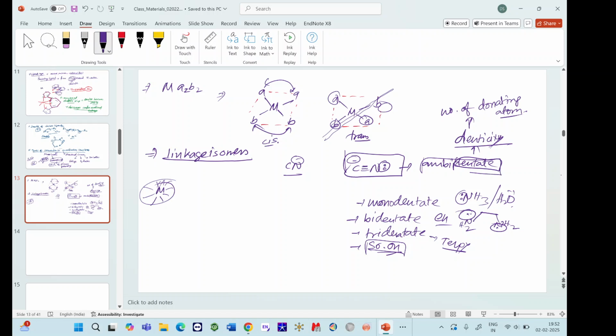And ambidentate is where you can bind this ligand through any of the atoms. So carbon can also bind, nitrogen can also bind. Suppose you have a coordination complex where you have a cyanide ligand connecting two atoms, where N is also bound and carbon is also bound.